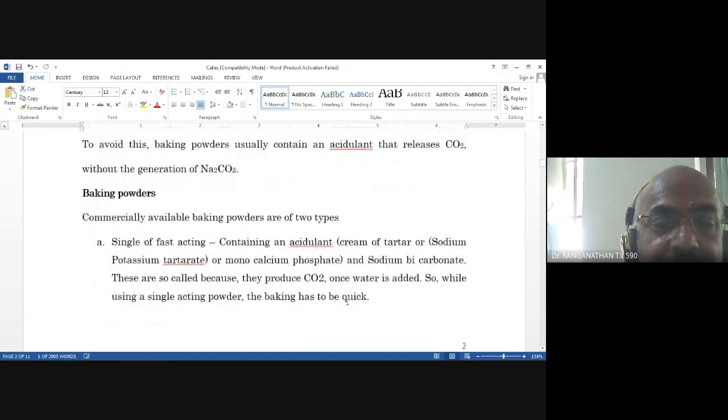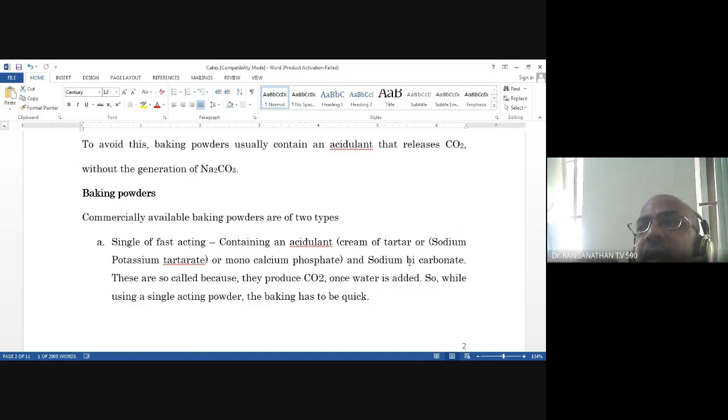Okay, the double acting. First is the single or fast acting, which contains sodium potassium tartrate or monocalcium phosphate and sodium bicarbonate. The reason here is that this combination, your sodium potassium tartrate on addition of water gives tartaric acid, which then releases this. So this is one of the methods of leavening.